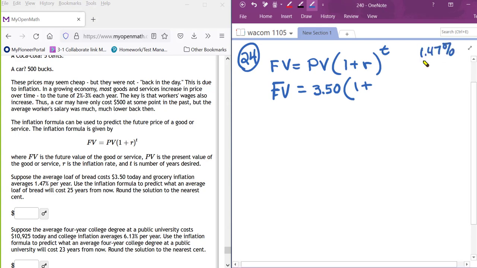Right, remember, drop your percent. Decimal goes 2 places to the left. So it is 0.0147. And then we're going to the T power, which is our time in years, 25 years from now.